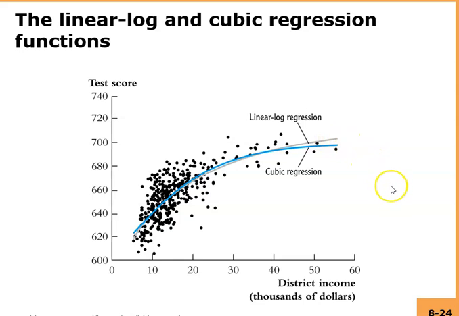The only difference as far as I am concerned would be that the interpretation of the linear-log regression is way easier than the cubic regression. And that's a key point, because as researchers you want to simplify the results of your empirical analysis as much as you can for the reader. So a linear-log regression is an easily interpreted specification.